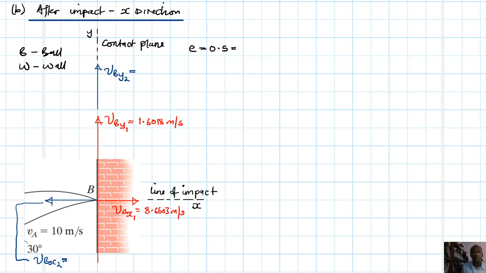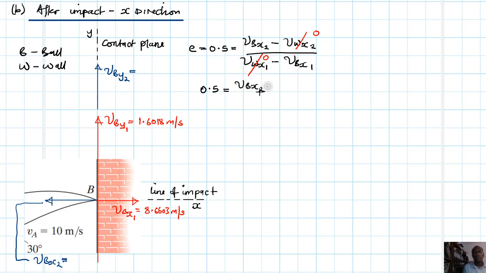So this one is V_BX2 minus V_WX2 divided by V_WX1 minus V_BX1. Right. So we know that the wall's velocity here is 0, and this also here the velocity is 0, and therefore our 0.5 is just going to be equal to V_BX2. What is our V_BX2? We don't know it.